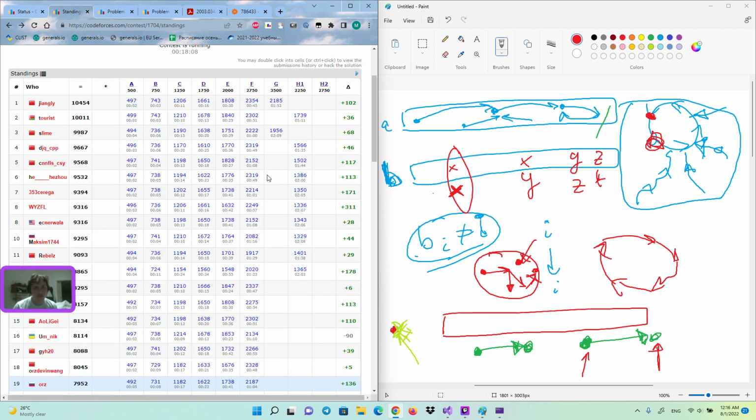Some guys also solved G and it is indeed solvable. But as you see, I failed. I don't have much strength to do it.